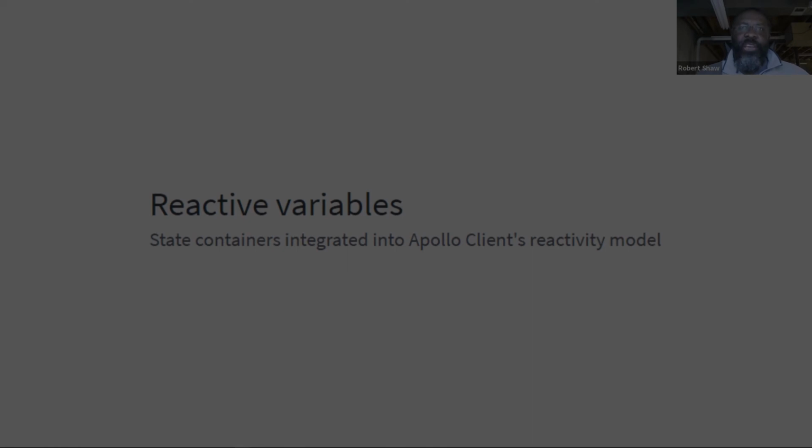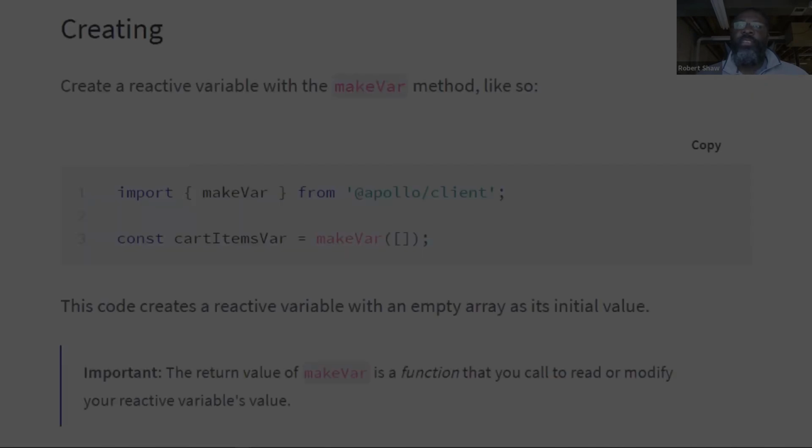So the utility that we're going to concern ourselves with here is the makeVar, which comes from the ApolloClient library. And here's the example from the website. If you want to create a reactive variable, you just set up this makeVar and you pass in the initial state, very much like you would do with the React context.